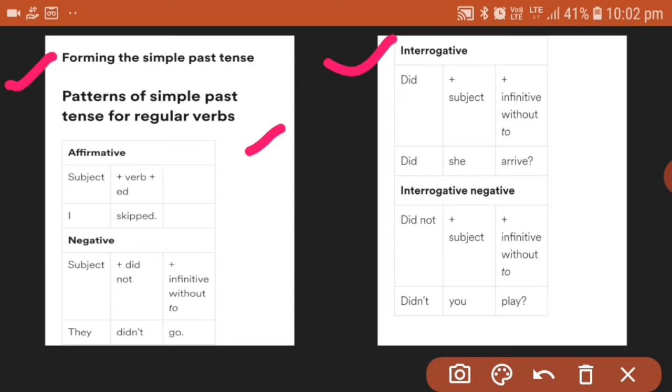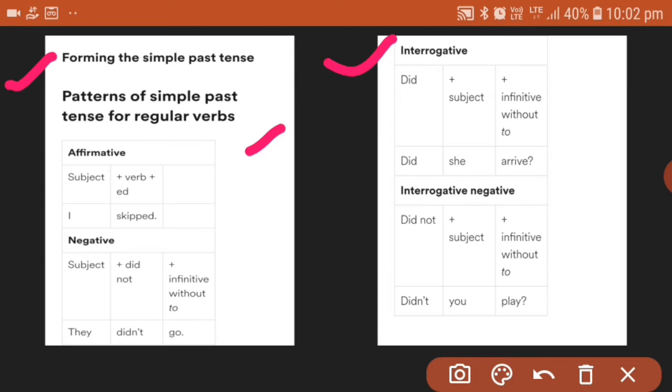We can use subject plus second form of verb, or past verb, you can say, and object if there is need of an object in the sentence.